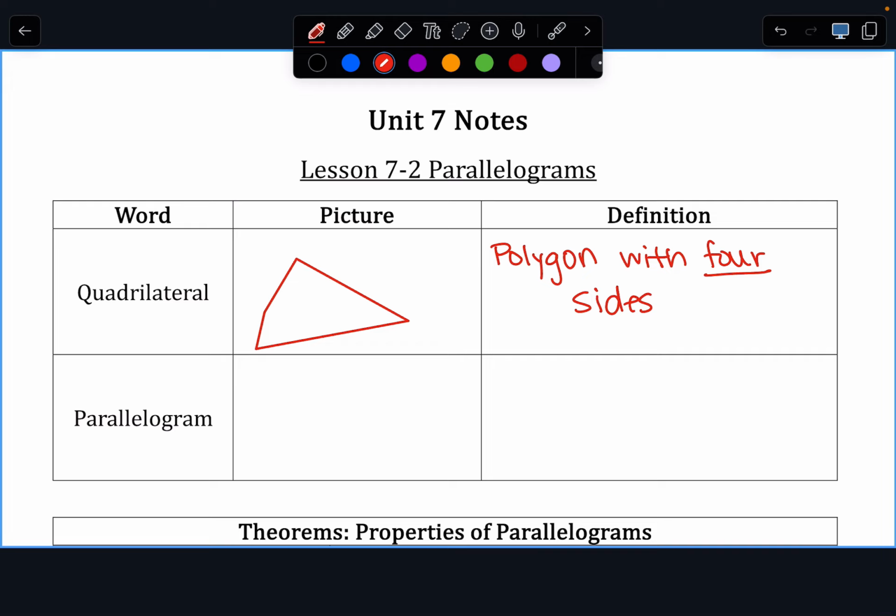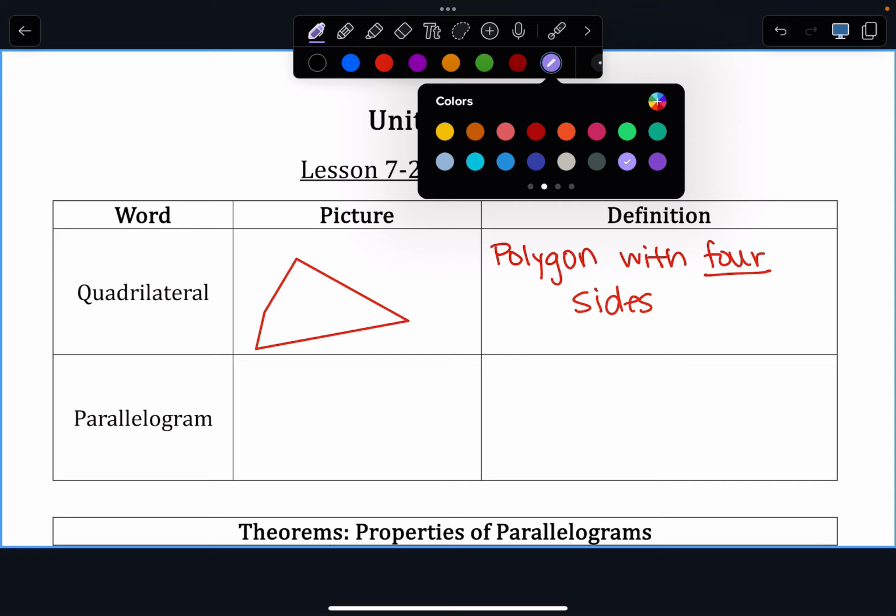Okay? So our focus today and tomorrow and the next day is going to be a parallelogram. What would be the official definition of a parallelogram? Charles? The 4-sided polygon with 2 sides parallel to each other. Okay.